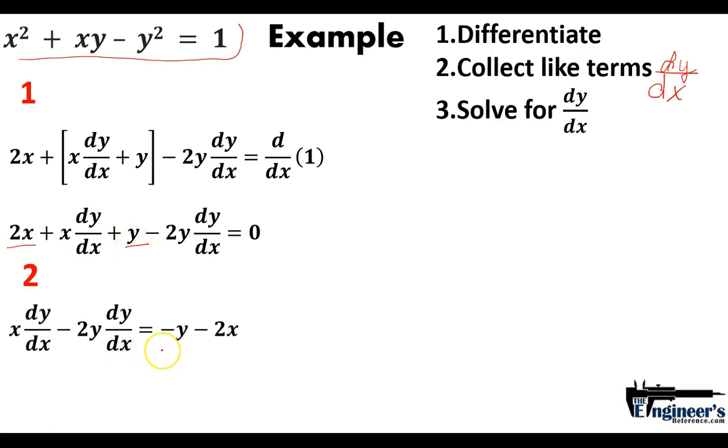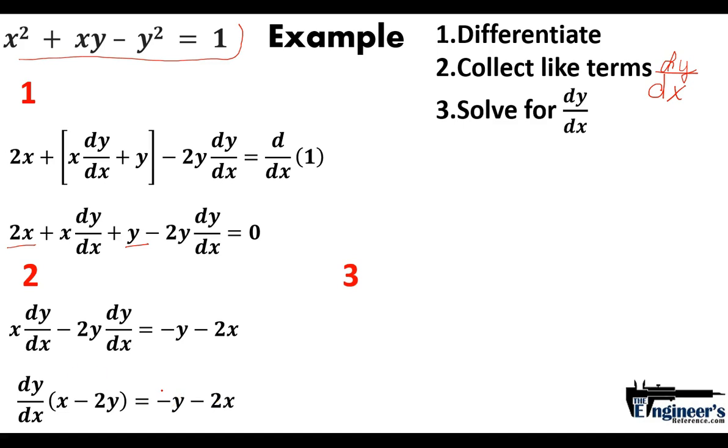Now we've actually done the separation. We're also going to have to factor dy over dx out of the terms on the left side, which leaves us with dy over dx times the quantity x minus 2y equal to negative y minus 2x. Then we go to our third step, which is solving for dy over dx.